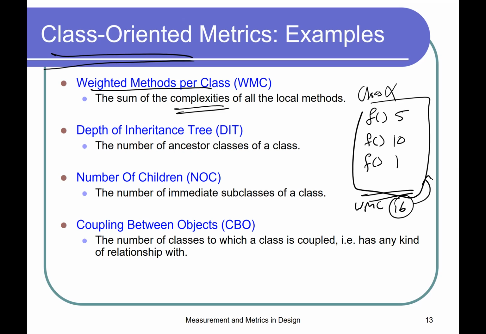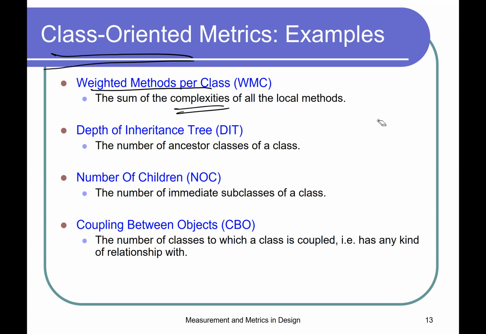Classes that have a small total WMC are very trivial classes, which means I can understand them more easily, maintain them, extend them, and reuse them much, much easier.